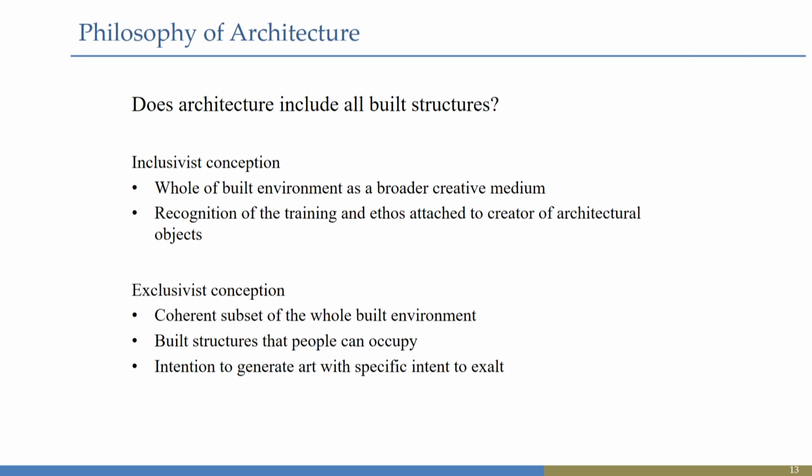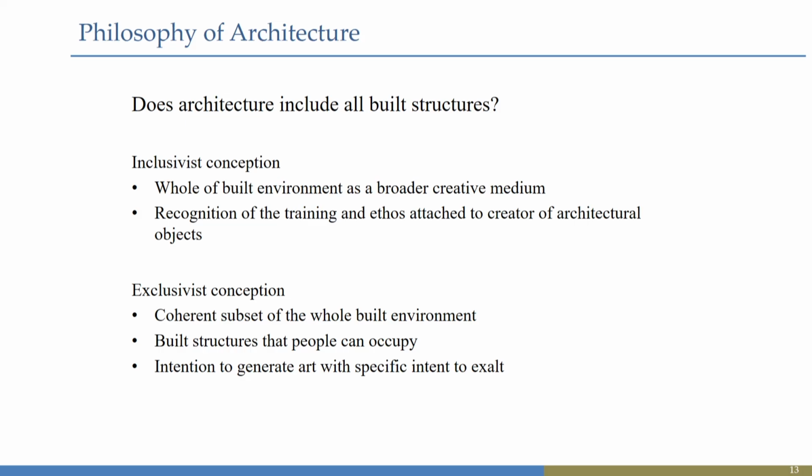And then there is the exclusivist conception which says no, everything cannot be architecture, only a coherent small subset of the built environment can be considered architecture, and particularly when it is made by people who had a clear intention to generate art, and to generate art with specific intent to exalt. So, the purpose should be grand, the purpose must be exaltation, something grand, something edifying and so on, only then can it be considered as architecture, and otherwise it cannot be considered architecture.